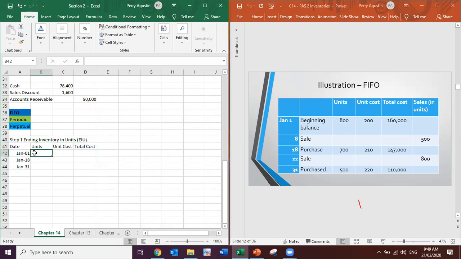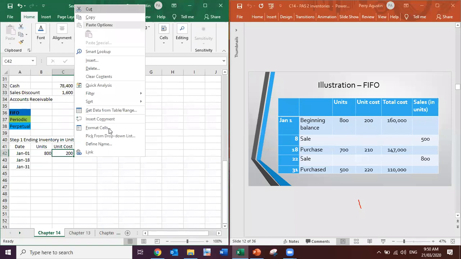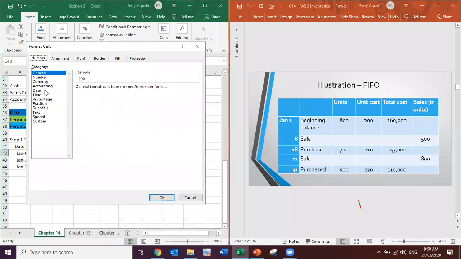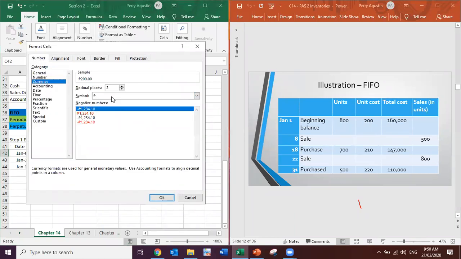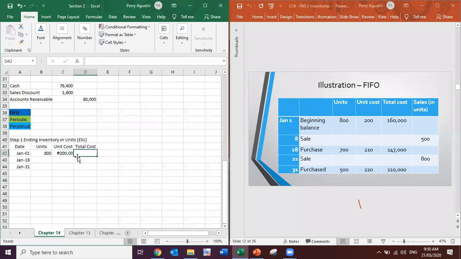So what I'm going to do now is to get the information from January 1 and transfer in the following table. So I get 800. I got this 800 from the units. Then we have our unit cost of 200. Let me just put a peso sign on that one so that it will be easier for you to understand that that is actually a price. All right. So we have Philippine peso. Okay. So how do we get our total cost? We get our total cost by simply multiplying the two figures.